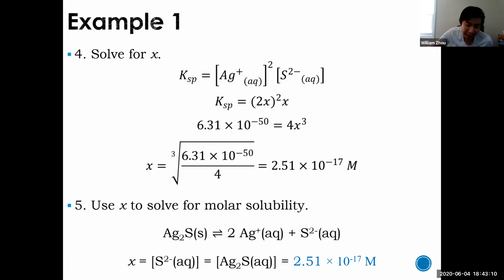I'm talking of the aqueous silver sulfide, not the solid. This is asking for the solubility of aqueous silver sulfide. How soluble are you? Well, here's your number. Same number, 2.51 times 10 to the negative 17 moles per liter. At saturation, that is your concentration, which is pretty much 0. Does that make sense, everyone?